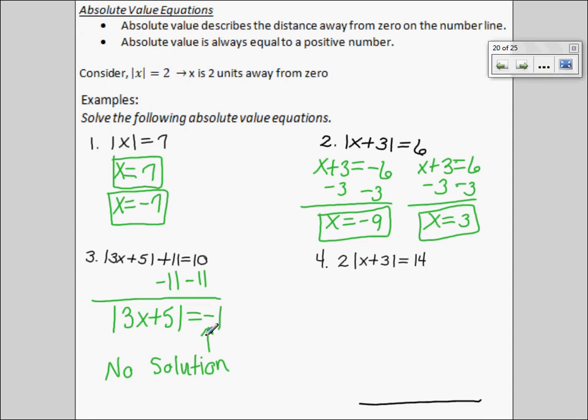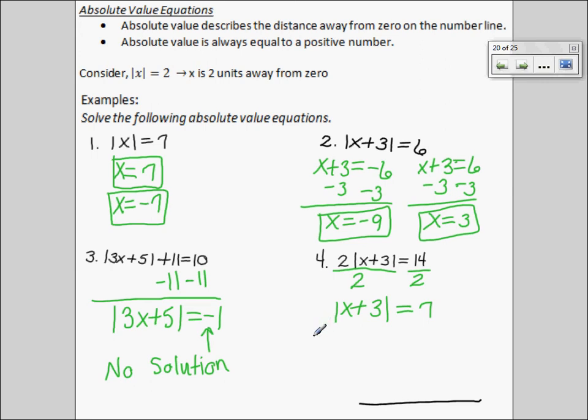Okay, with number 4, 2 times the quantity absolute value of x plus 3 equals 14. To solve this problem, first you want to divide by 2, leaving you just the absolute value of x plus 3 equals 14 divided by 2, or just 7.